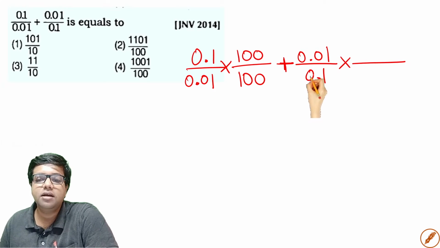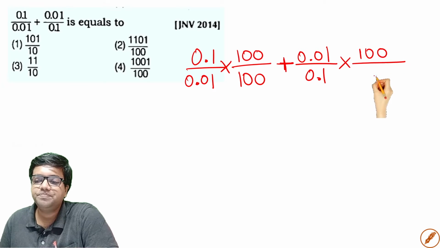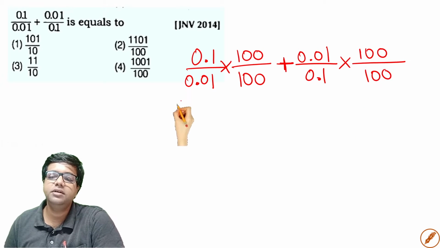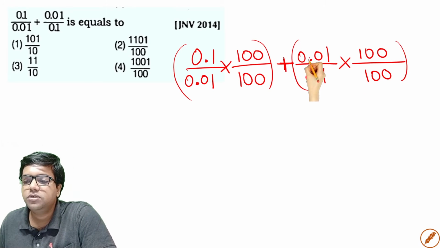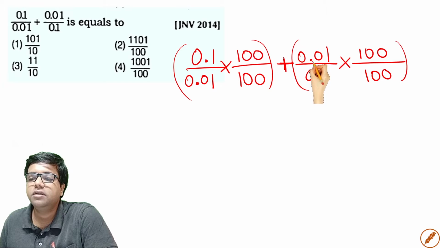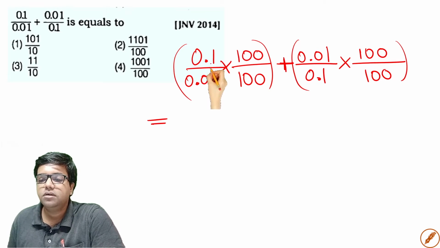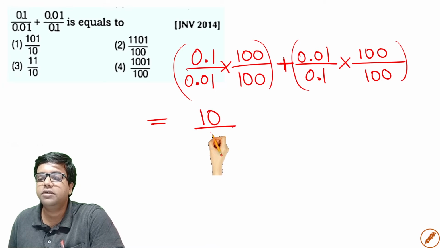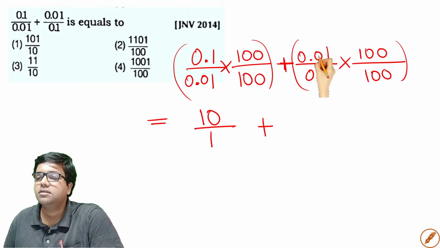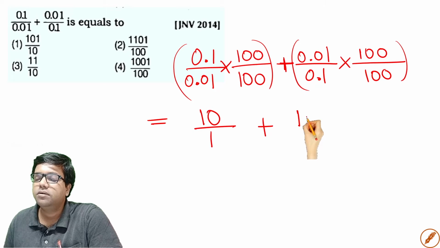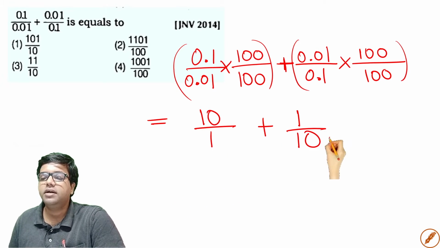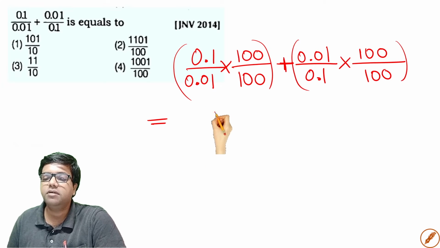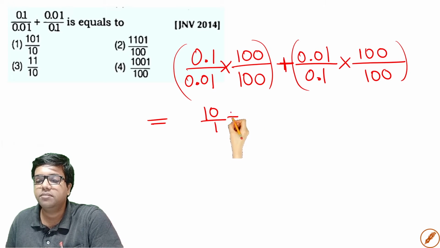So these are the two values you get. 0.01 into 100 will give you 1 here, and 0.1 into 100 will give you 10. 0.01 into 100 will give you 1 here, plus this will give you 1 by 10. So 10 by 1 plus 1 by 10.